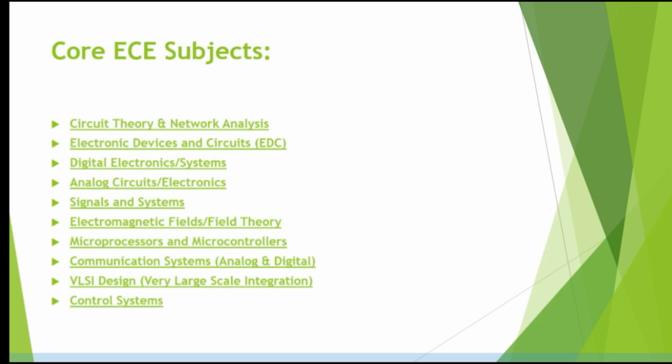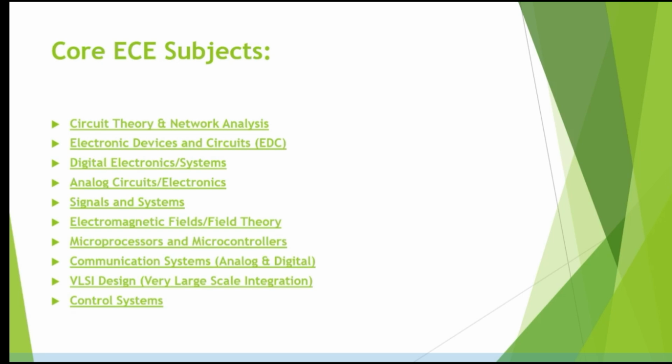These are fundamental and compulsory courses, because these particular core subjects are related to your particular domain. For example, if you are ECE, Electronics and Communication Engineering, everything that is related to electronics and communication will come under the core subject. Similarly, if you are EEE, everything that is related to electronics and electrical will come under this core subject.